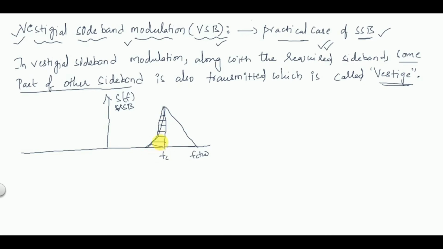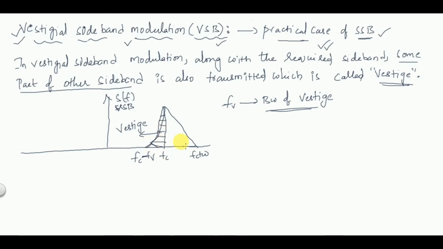This part is called the vestige. The other sideband part is called the vestige. Here this will be FC minus FV, where FV is the bandwidth of the vestige.